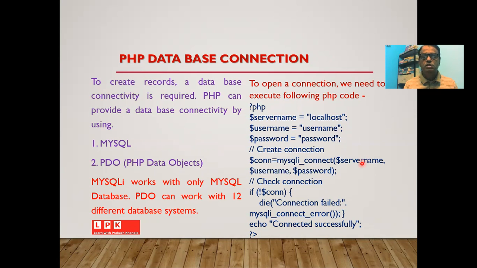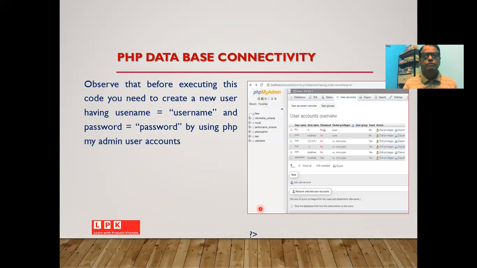Here you need to mention server name, username, and password. By using if, you can check whether the connection is successfully connected or whether the connection is not available. So by making this statement, you can check whether the connection is made or it has failed.